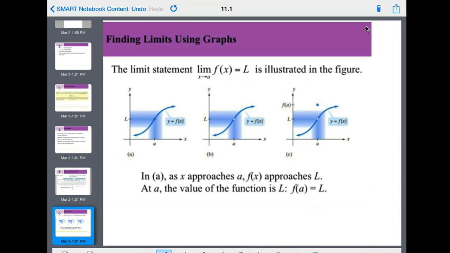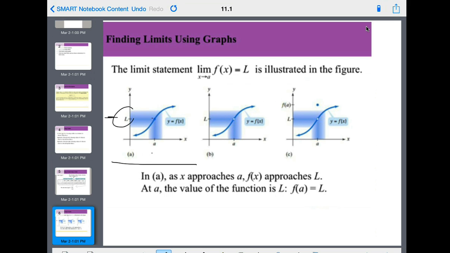So now, finding limits using graphs. The limit statement, the limit as x approaches a of f of x is equal to L, is illustrated in this figure. So the first one we're going to look at is this one. As x approaches a, here's the value a, here's my y coordinate. We're always looking for the y. As x approaches a, f of x approaches L, so my function is getting closer and closer to this y value.